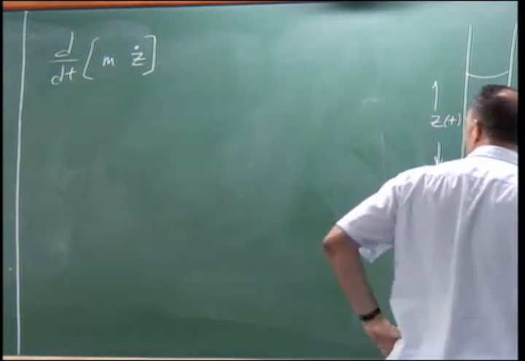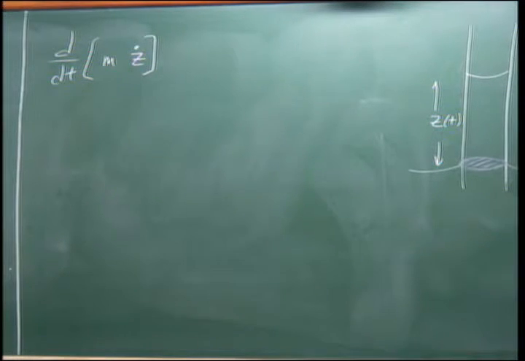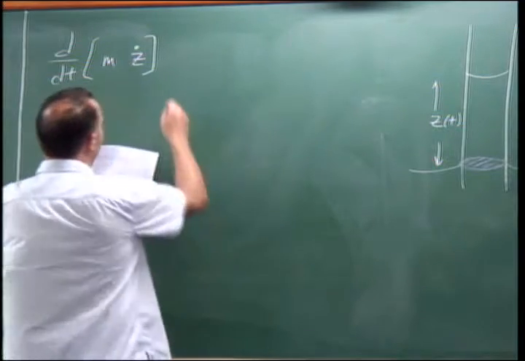So the rate of change of momentum is going to be equal to the total forces acting on the column. And we can expand this right away.